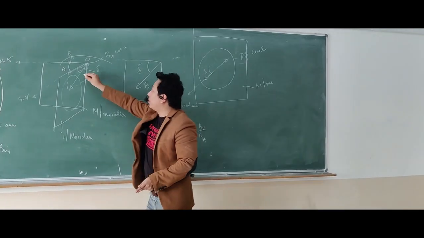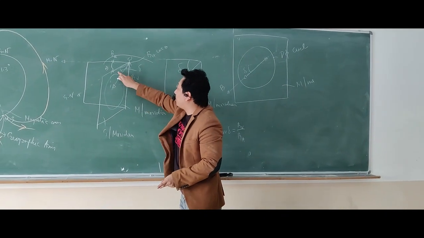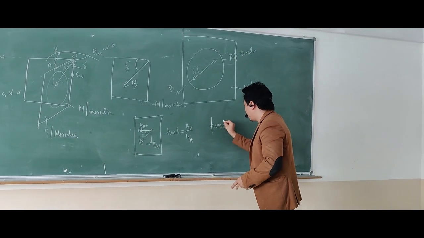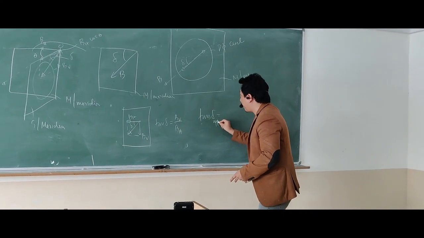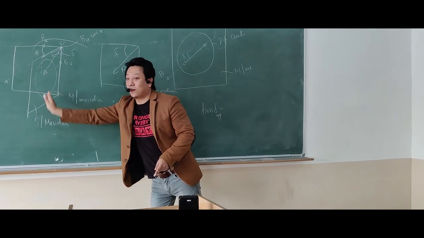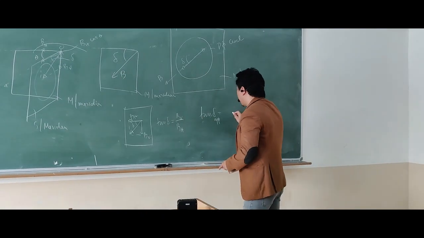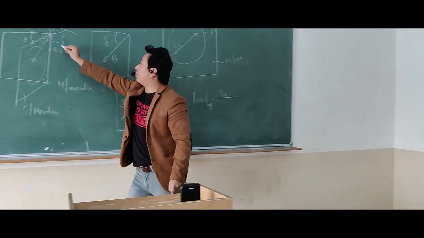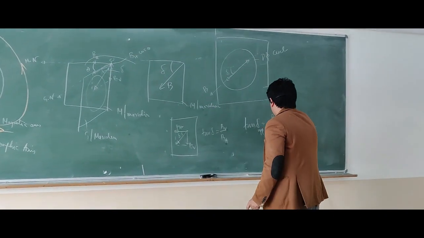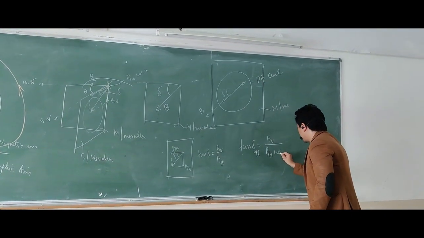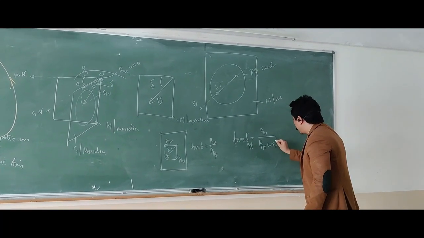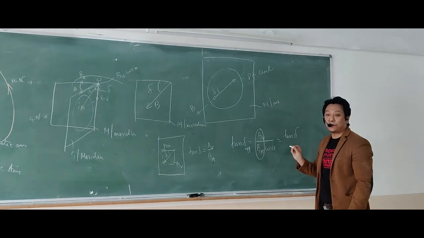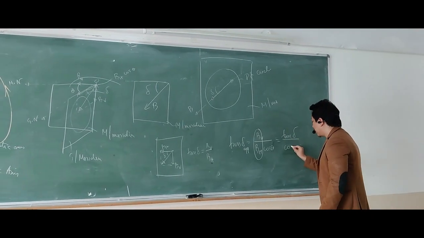So the component of BH in this plane will be BH cos theta. So your new angle of dip, tan of apparent dip, apparent meaning in this plane, not in the magnetic meridian, will be what? BV will be the same, but BH will be this component, BH cos theta. And what is BV by BH? Tan of true dip. True dip divided by cos theta. This is clear.